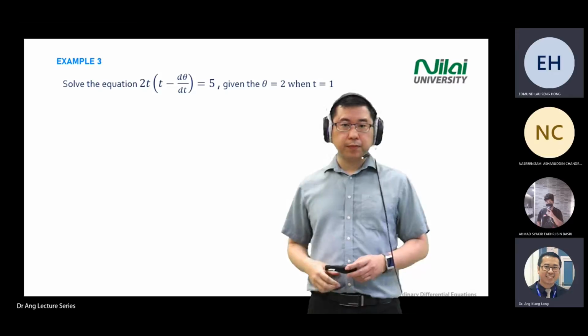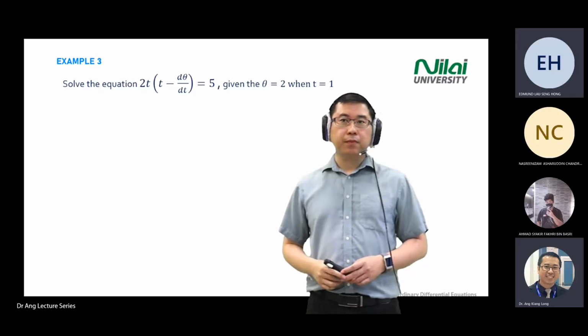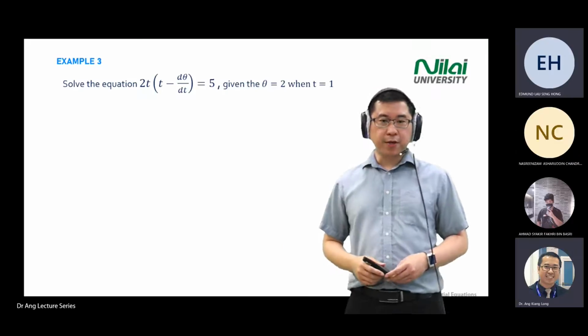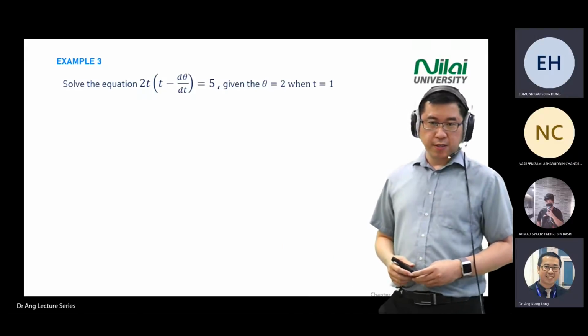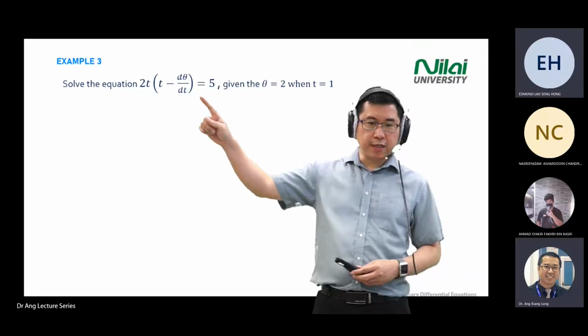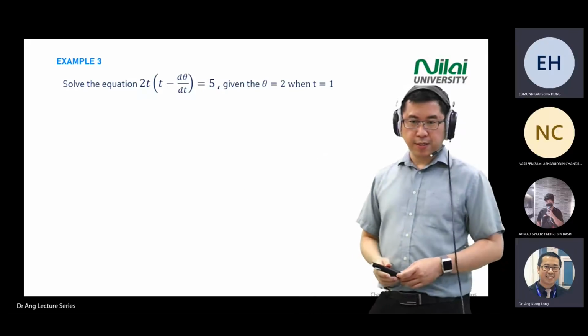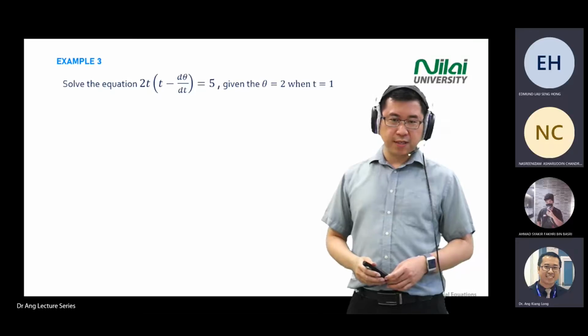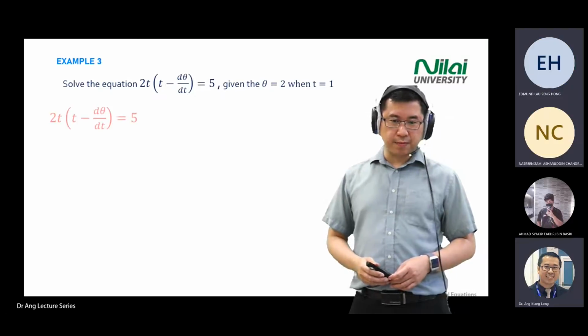Minus 2t plus 5 over t. Nizam, what is your answer? d theta dt equals what? 5 minus 2t squared over negative 2t.